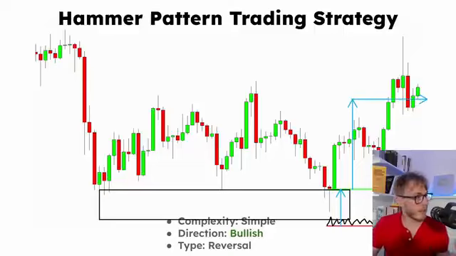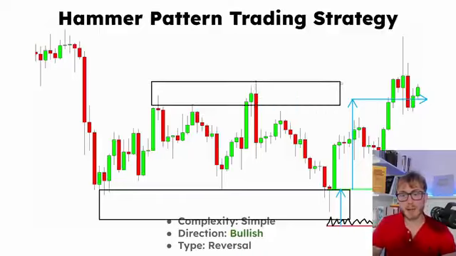Once again, when it comes to target levels, we can also use support and resistance levels. So in this case, we can see that we have some sort of resistance area right here. It can make sense when you have a resistance area like this to place the target just below the resistance.